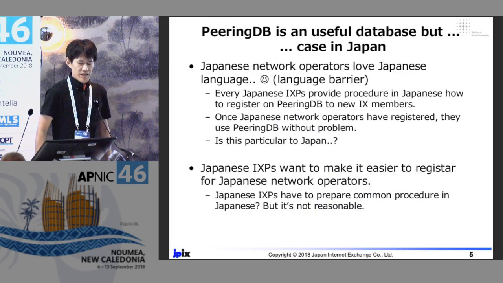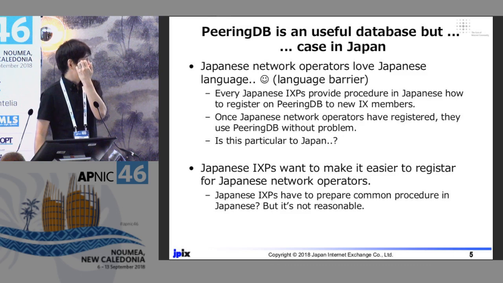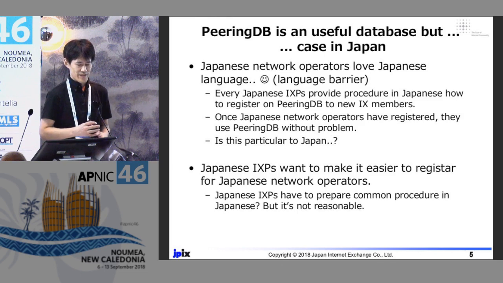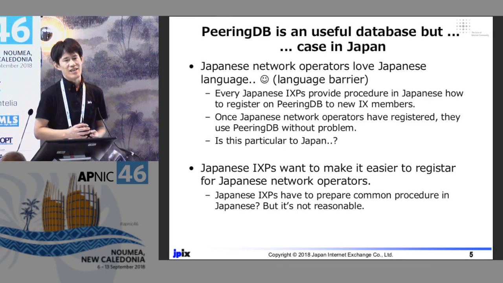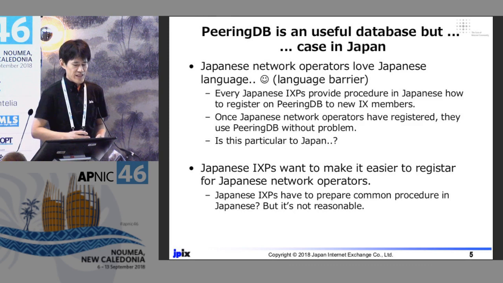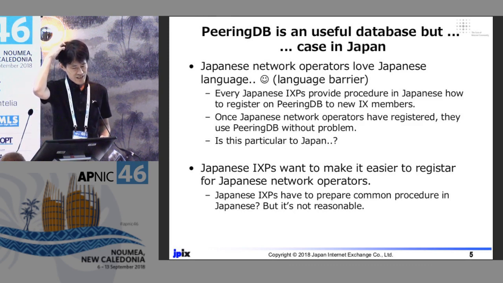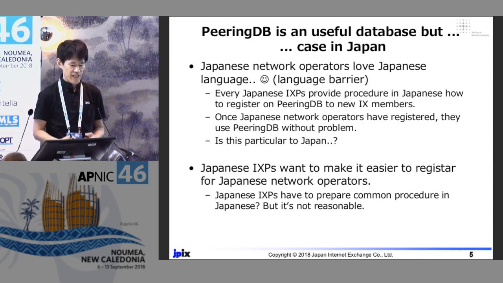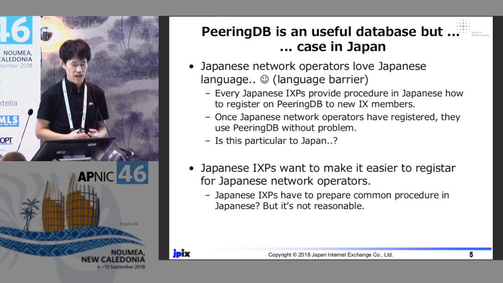And PeeringDB is a useful database, but it's a user thing in Japan. Japanese network providers face the Japanese language. It's a kind of language barrier, as you know. And so every Japanese IXP provides a procedure in Japanese on how to register on PeeringDB to our IX members.